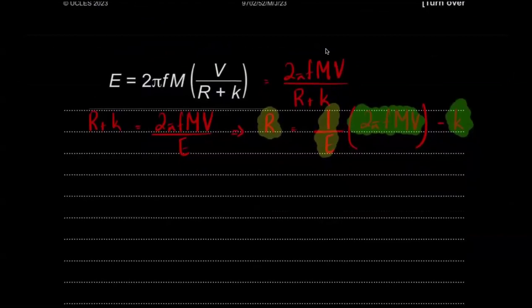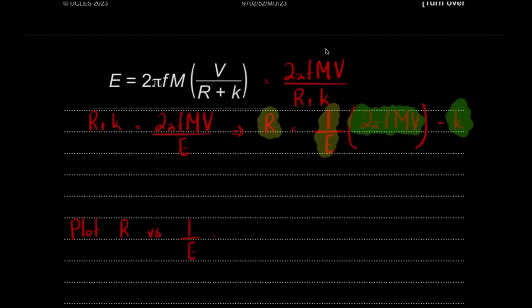So I just leave out some space here, and first I write: plot R versus 1 over E. So R is on my y-axis and 1 over E is on the x-axis. And I write this classic line, which always helps you score marks.